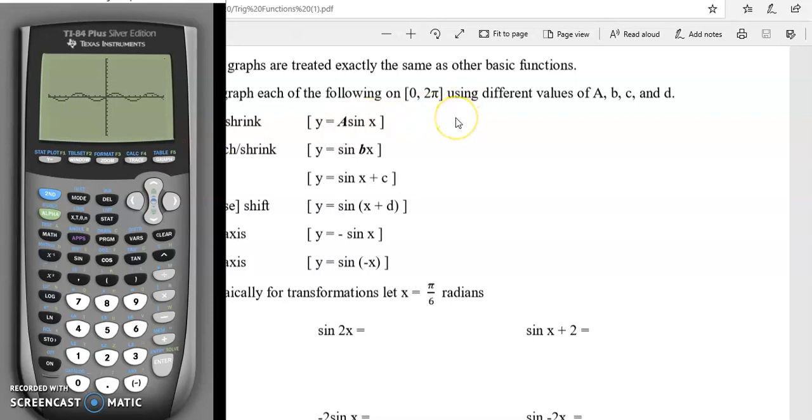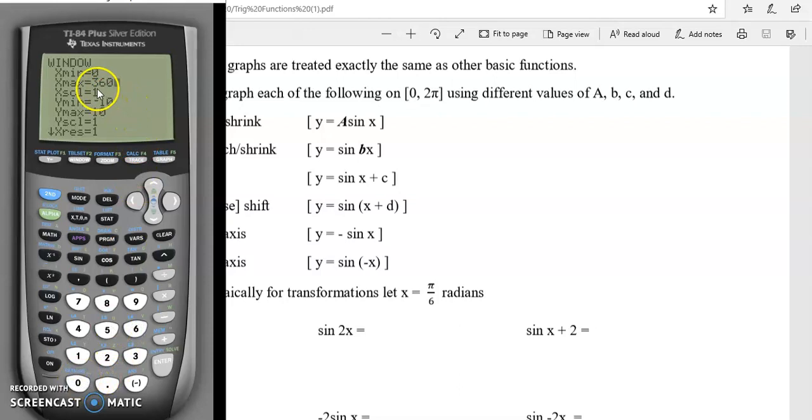Now, if we want to go from 0 to 360 degrees, if I click the window button, right now I'm going from -10 to 10. So if I put the x min as 0 and x max is 360, let's see what happens.